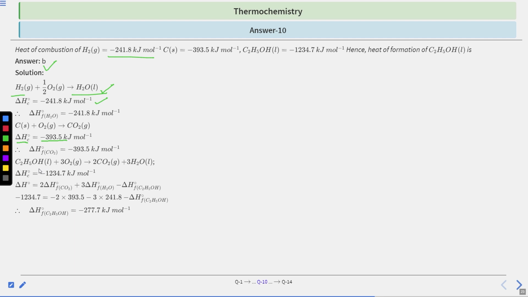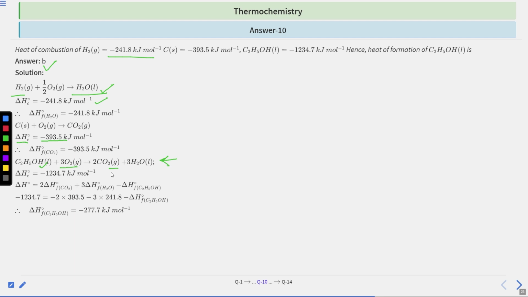And in the case of ethanol, we have the combustion of ethanol reaction here, and the enthalpy for the combustion is given as minus 1234.7 kilojoule per mole. So for this reaction we can write the enthalpy change equals twice the enthalpy of formation of CO2 plus thrice the enthalpy of formation for H2O minus enthalpy of formation for C2H5OH. The enthalpy of formation for O2 will be 0.